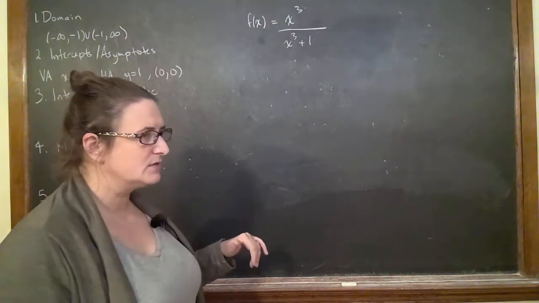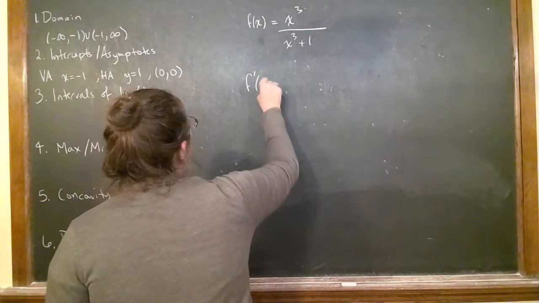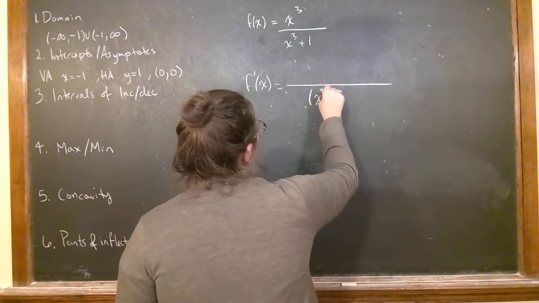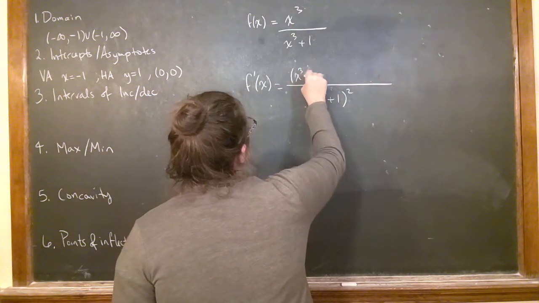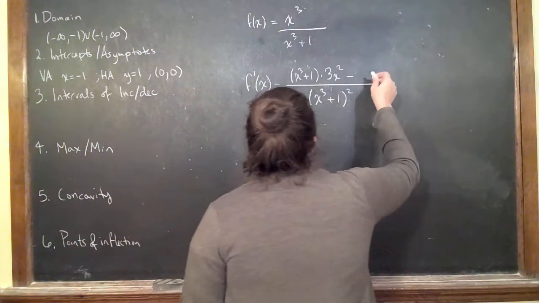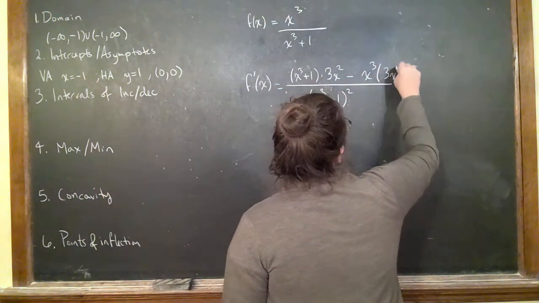Now, intervals of increase and decrease. Let's see, I'm going to take the first derivative. Of course, I need to use the quotient rule here. So I've got the bottom times the derivative of the top minus the top times the derivative of the bottom.